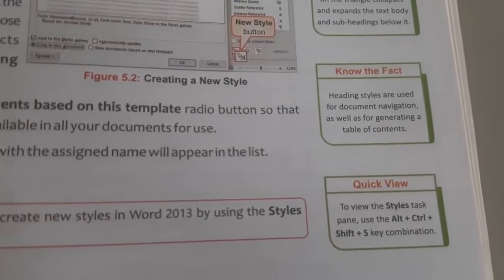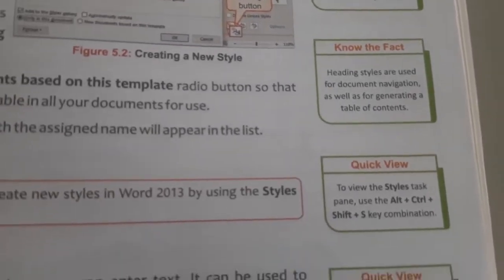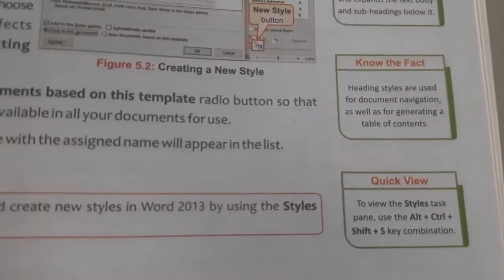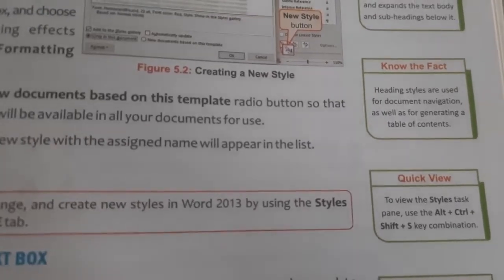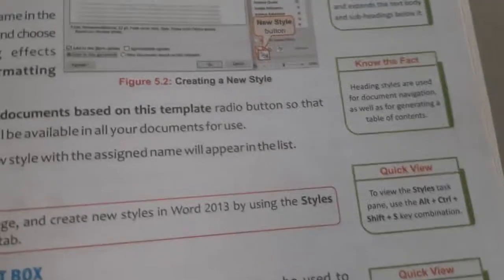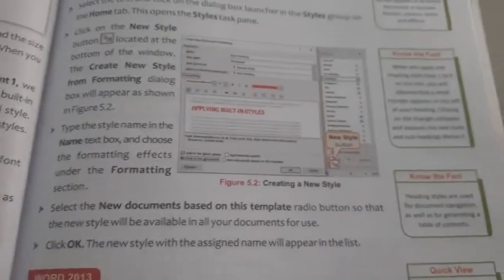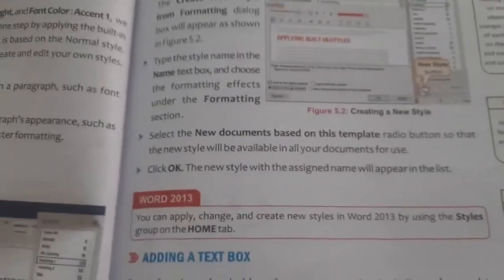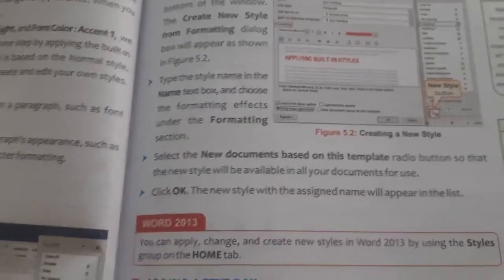To view the Styles task pane, you can use the shortcut key Alt plus Control plus Shift plus S. This is the shortcut key to open the task pane. If you use this shortcut key, you don't need to go to the launcher box. You just have to select the text and then press this shortcut key, and your task pane will be open. I hope this point will be clear to you.